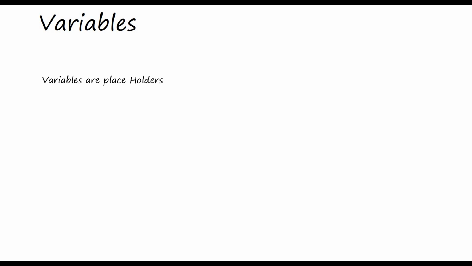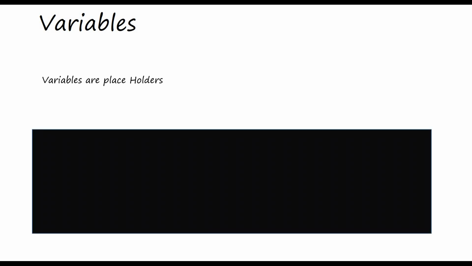If you want to define any variable, there is a particular format for it in Java. You can see here it consists of three things. One is int, which indicates the type of it. The second is the name of the variable, and the third is the value of the variable. The type indicates what kind of value the variable can hold.